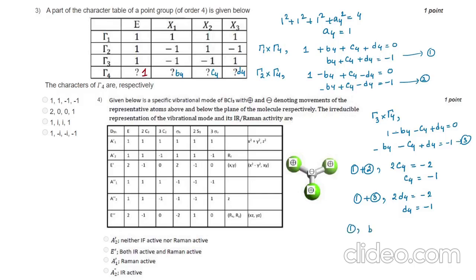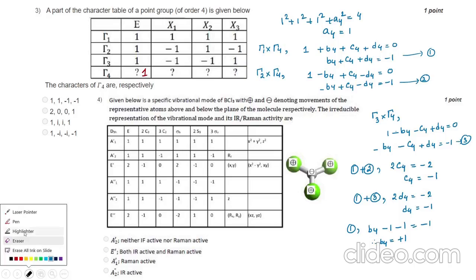We know C4 is minus 1, D4 is minus 1, equal to minus 1, so B4 is plus 1. So by that we got all the things, right? We had three unknowns and three equations. So 1, 1, C4 is minus 1, D4 is minus 1. So it is the first option.